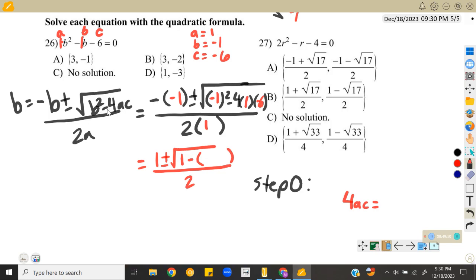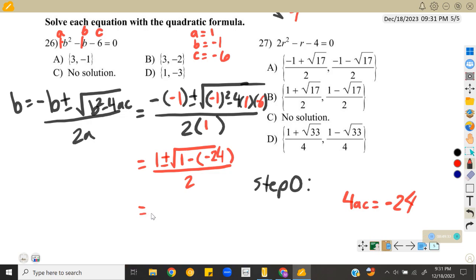So this is b squared, there's the minus, and what goes in here is 4ac. 4 times a is 1, 4 times 1 is 4, and 4 times negative 6 makes negative 24. So what I have to plug in here is negative 24.